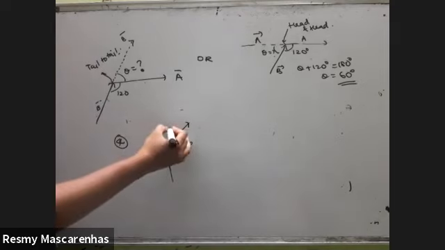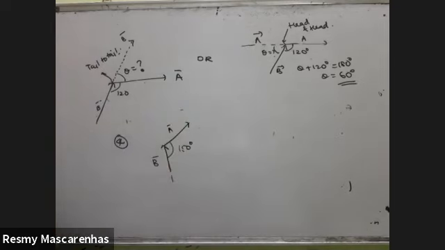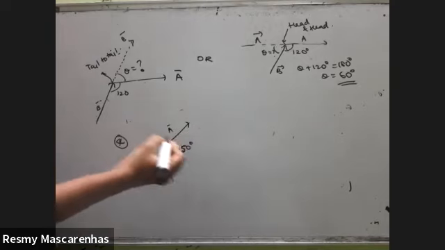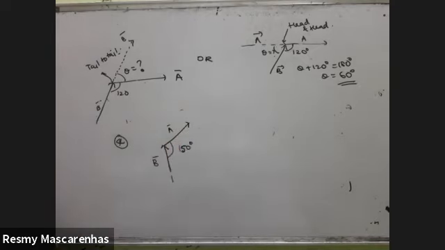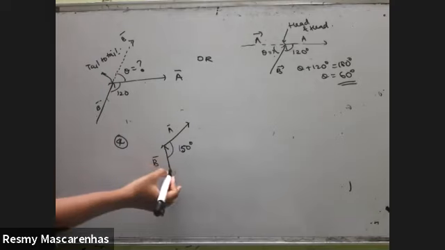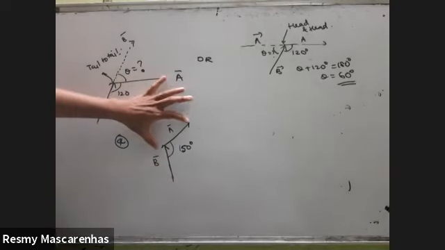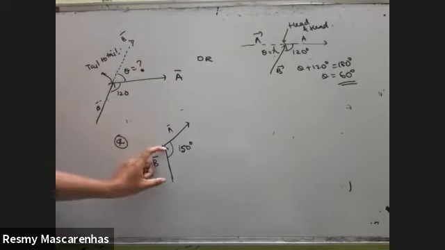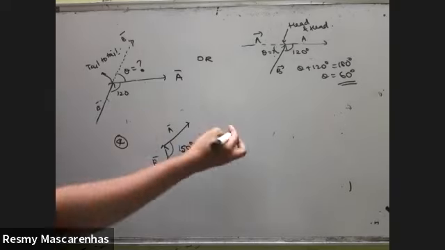This is A bar, this is B bar. So either you bring this fellow behind or take this fellow in front. 30. Yes, it will be 30 degrees. So whichever way you want to take.